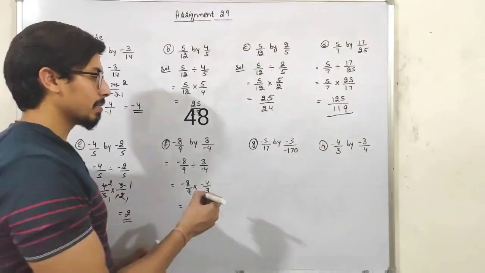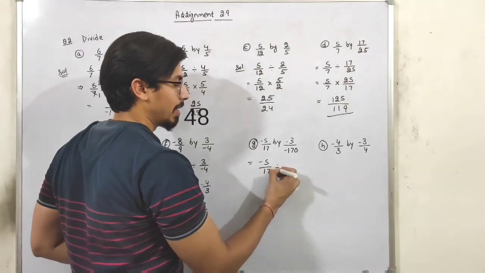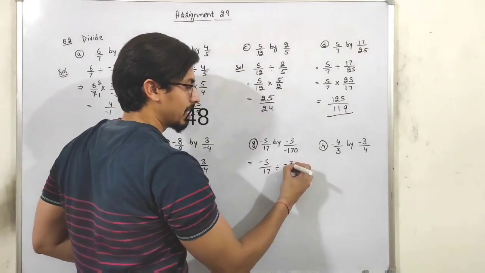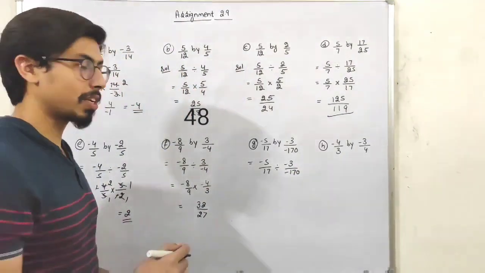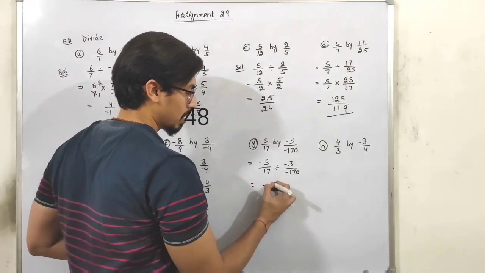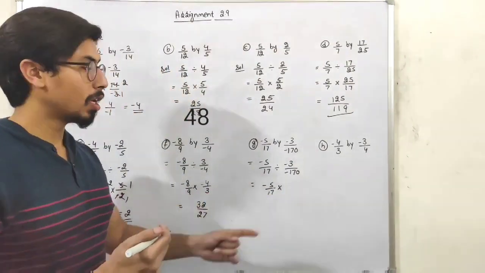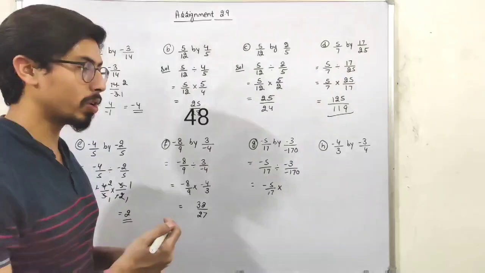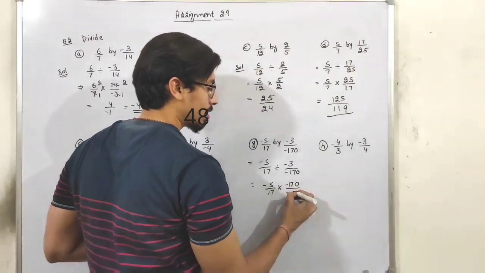In our next part, minus 5 by 17 divided by minus 3 by minus 170. Okay students, so we just replace it by a multiplication sign. So the fraction will get reciprocated. So it will be minus 170 by minus 3.